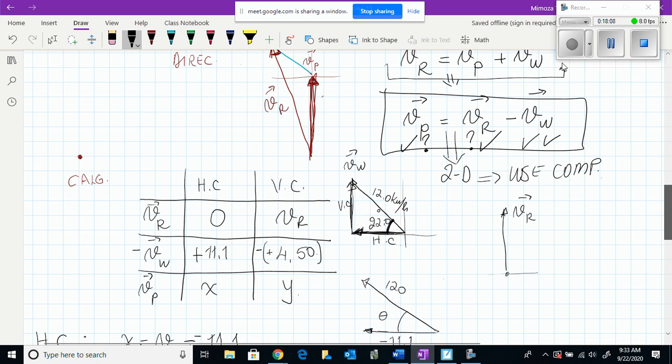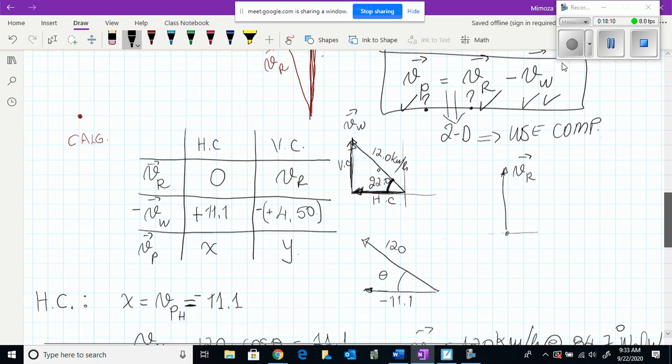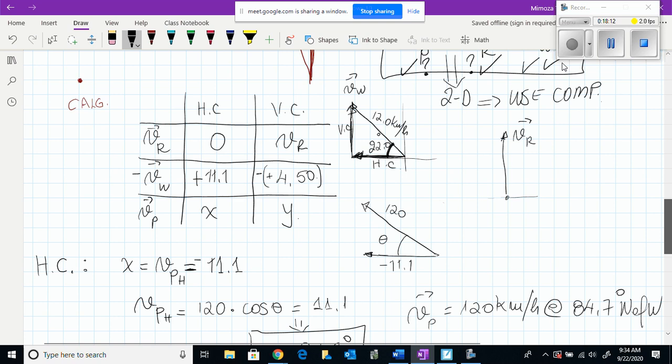So now, the horizontal component of the velocity of the plane is x, unknown, and the vertical component is y, unknown as well.